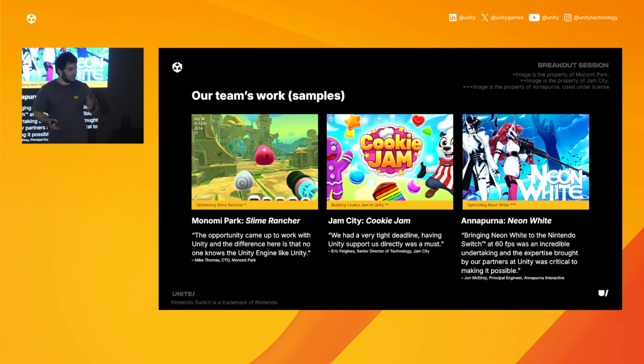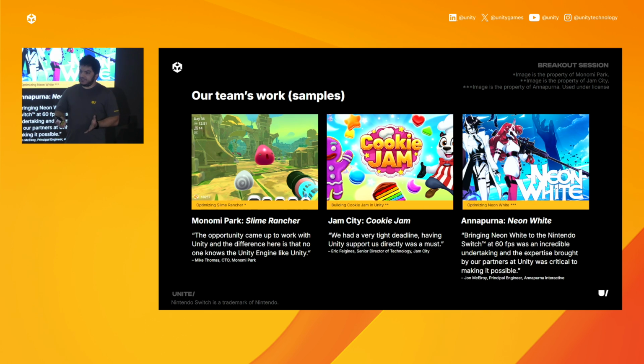That's ultimately our goal, like Gus mentioned, to bring that feedback back to the Unity editor and engine teams. And lastly, we also look for projects that can help push the Unity engine further, right? So we look for projects that can be a test bed for the newest, most cutting edge of what Unity can offer.